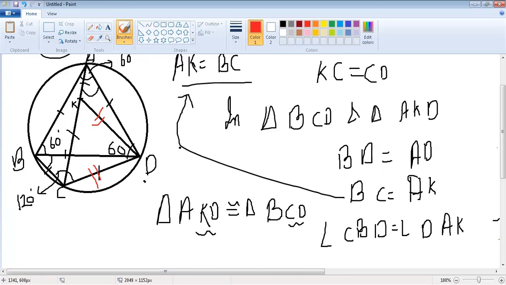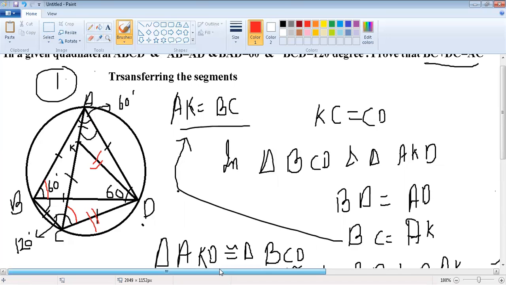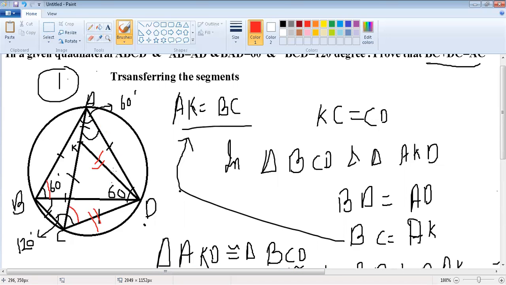Now, one thing more should be noticed here. What that is, if we consider the chord AD, I hope you can see this chord right here, AD. Then the angle subtended here equals the angle subtended here, because the same chord subtends angles at two different places, and those angles are equal. So this angle is also equal to 60 degree.